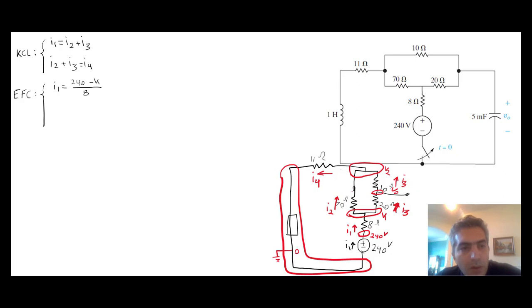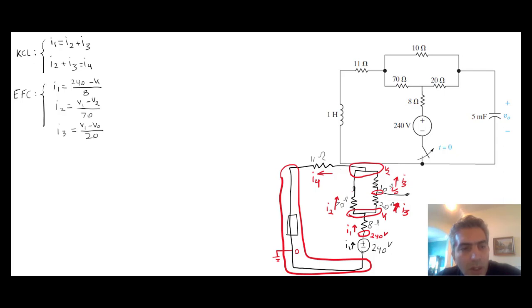For the 70 ohm, I2 is equal to V1 minus V2 divided by 70. For the 20 ohm, I3 is equal to V1 minus V out divided by 20.